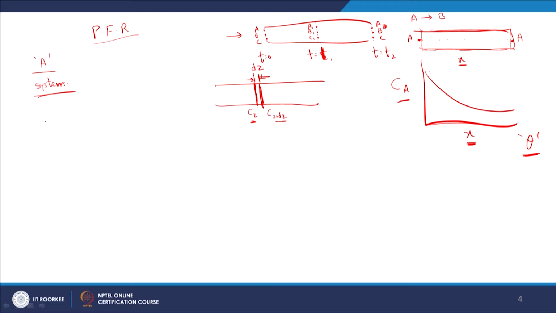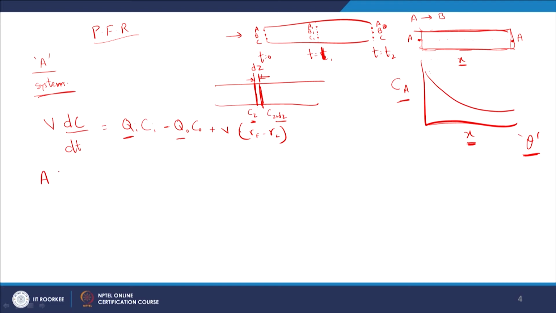And what was our initial mass balance equation? V dC/dt is equal to Q_in C_in minus Q_out C_out plus volume times rate of formation minus rate of loss. Assuming that the flow does not change, which is the case here, and what is V here?